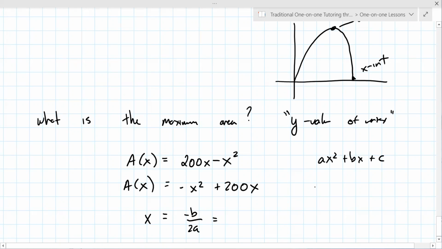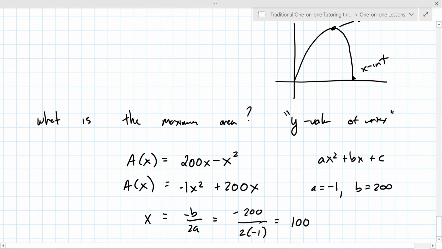Do you see that your a is -1 and your b is 200 in this problem? That's -1 for a and b is 200. And it's important that you write it this way so that you get the proper value for each coefficient. So this is minus 200 over 2 times -1, which equals 100.